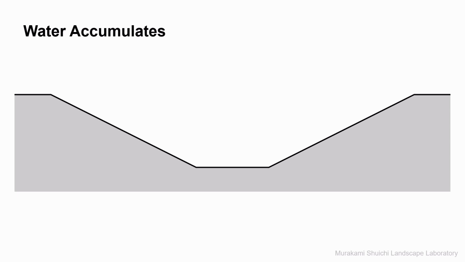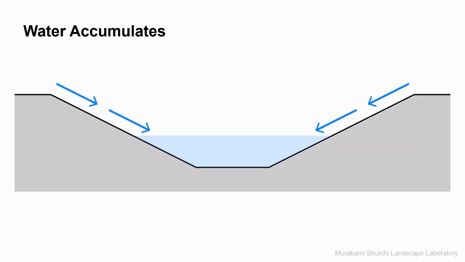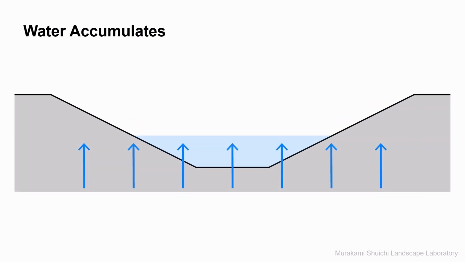Next, let us look at a section of landform in which a lower area continues between higher surroundings. Water will likely accumulate there, just like in the example I showed at the beginning, due to factors such as rainfall from the sky, inflow from the surroundings, or a rise in groundwater.